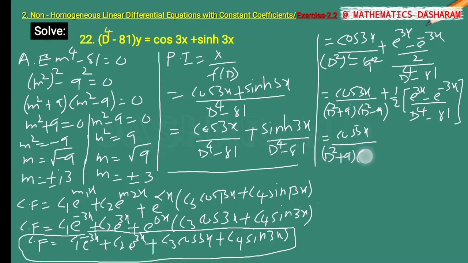So it is equal to cos 3x by minus 9 minus 18, D square plus 9 we can write as 3 square, plus 1 by 2 bracket of, here x by 2 bracket of e to the power of 3x minus e to the power of minus 3x divided by 4D cube.